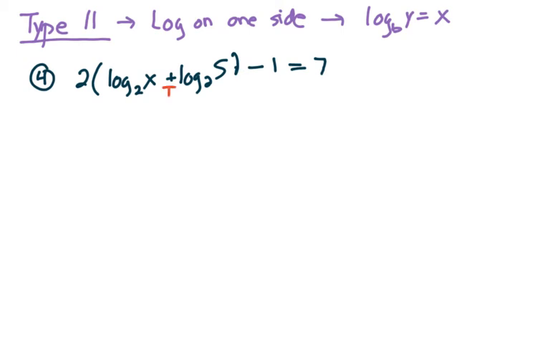So whenever we're adding these logs, this means to multiply. So I'm going to multiply x and 5 together. So when I do this, I get log base 2 of 5x minus 1 equals 7.